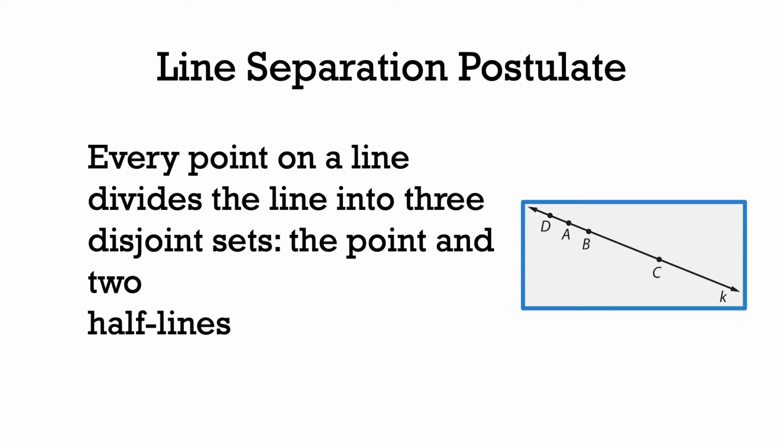So I'm going to show you the first one, okay, we're going to pretend that is a bracket. This is A. There's my point. And so that separates this line into two sections. One section is this half line that we're going to call AB. And I'm going to use the symbol to indicate that it is a half line.